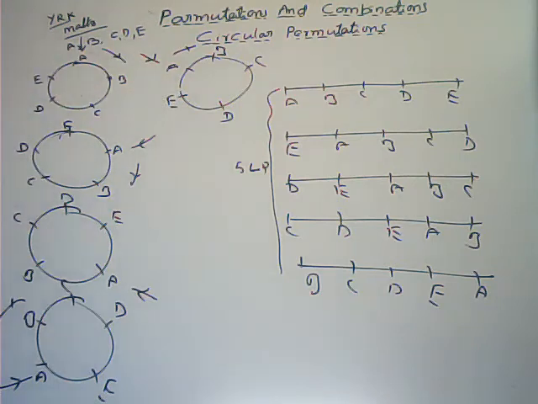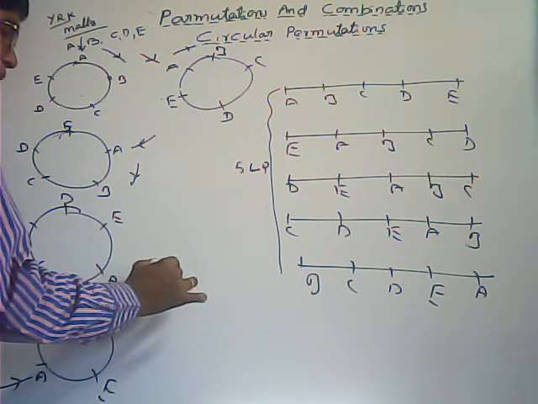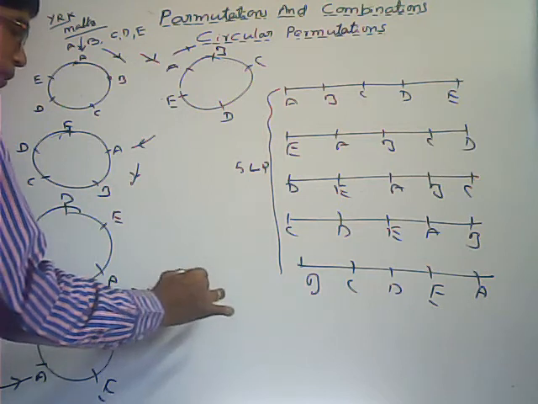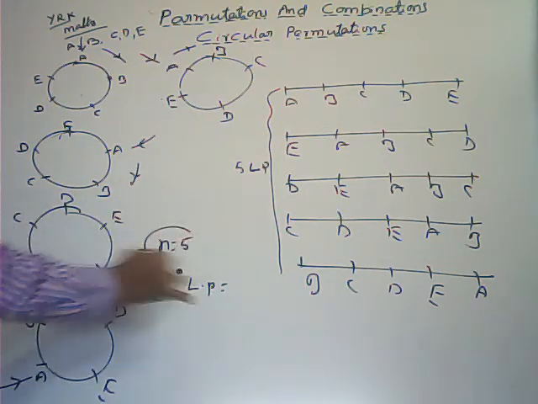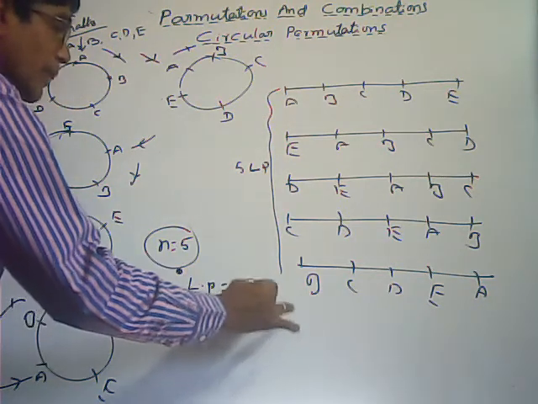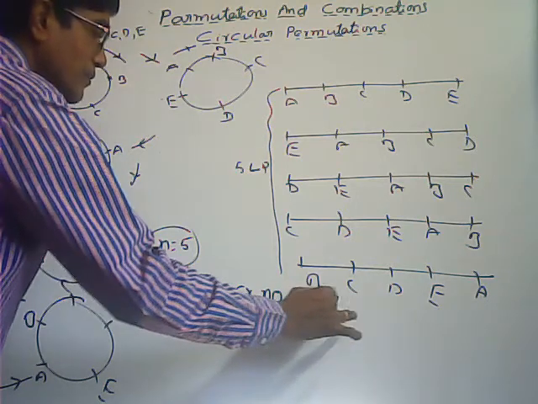It gives 5 linear permutations. So the number of linear permutations is equal to 5 times the number of circular permutations.